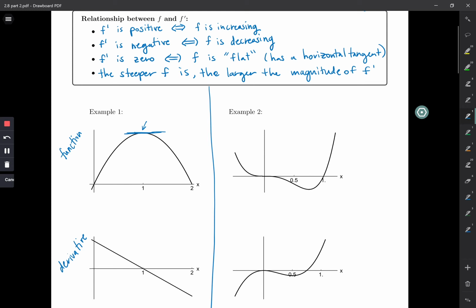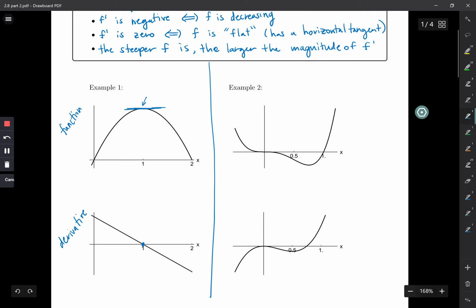And so if we look down here, we can see that yes, the derivative actually touches the x-axis, so that means that f prime of 1 is equal to 0 at that point, right? Okay, now let's focus on this portion from 0 to 1 of this function. And we see that on that whole interval, and it looks like it even continues down that way, the function is increasing.